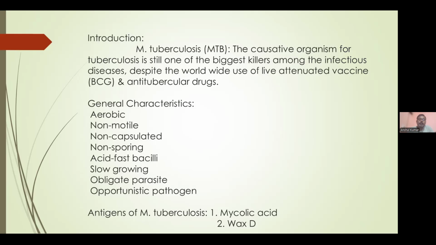So coming to our topic, what are some of the important general characteristics of the bacteria Mycobacterium tuberculosis. They are aerobic, non-motile, non-capsulated, non-sporing, acid-fast bacilli. Acid-fast bacilli means that they resist decolorization during staining procedures, even with strong acids.